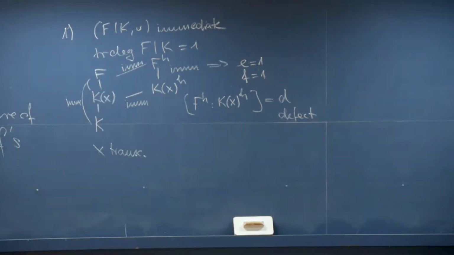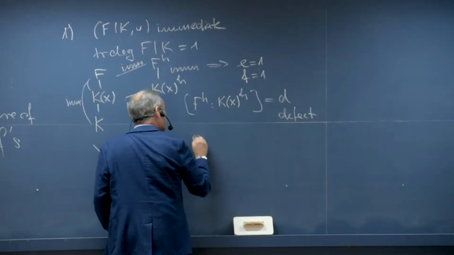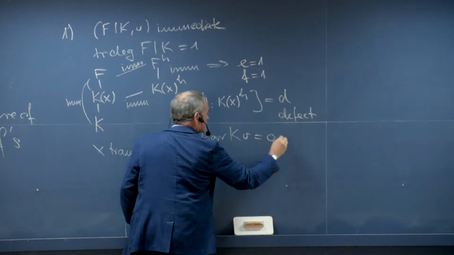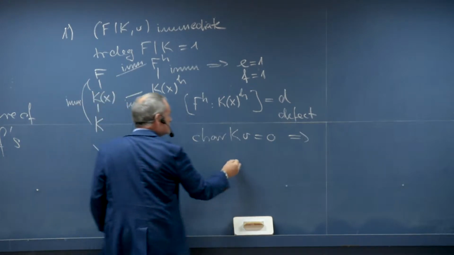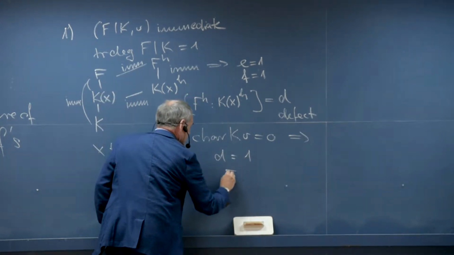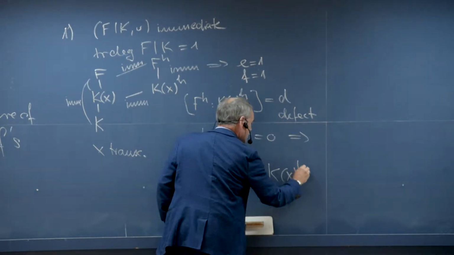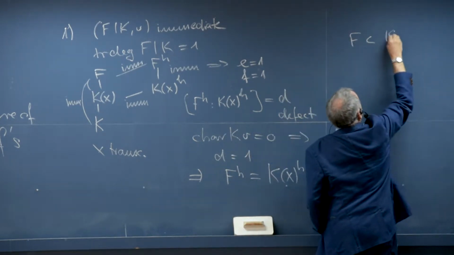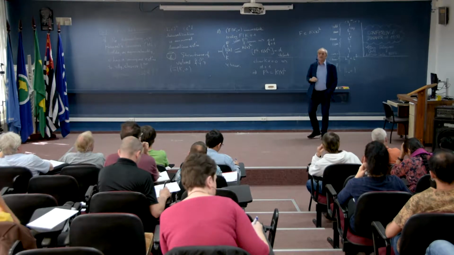Now, if we assume that the residue characteristic is 0, then we get that d is 1. And so we get that F^h is equal to K(x)^h. Or in other words, F is contained in the Henselization of this field.